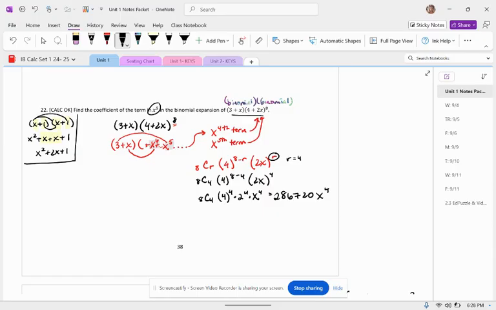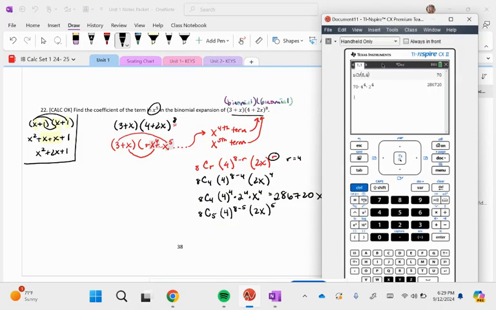Let's see. We also have the fifth term that we are searching for. So I've got 8 choose, we don't know, but we have 4 to the 8 minus r, and then I have (2x) to the r. I need r here to be 5 because I'm looking for the fifth power of x. I'm going to change r to 5. Okay, so 8 choose 5.